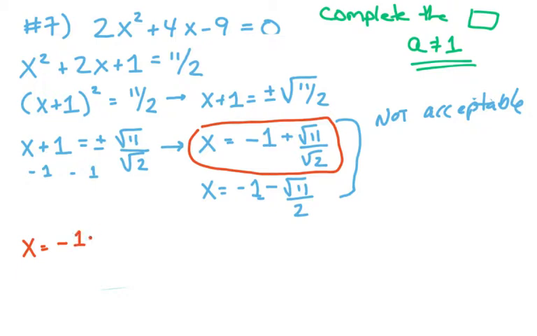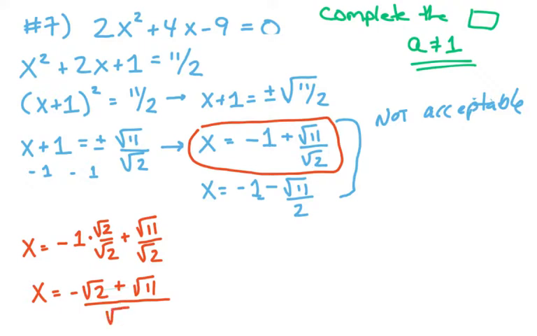So you need to multiply -1 times square root of 2 over 2. So now I see that x equals the negative square root of 2 plus square root of 11 all over the square root of 2.